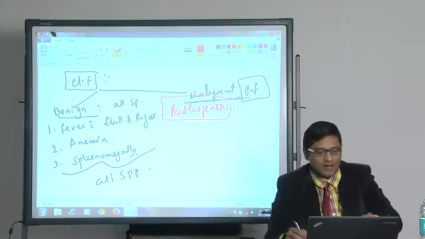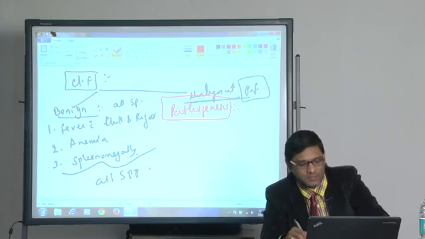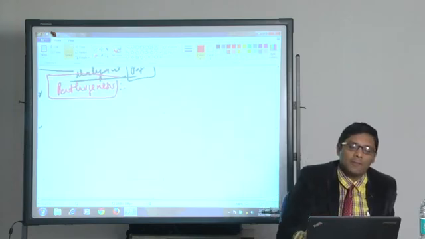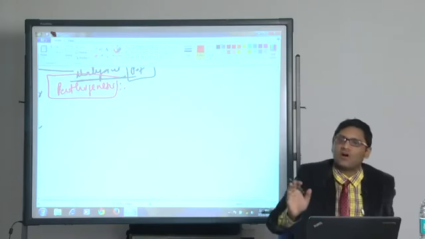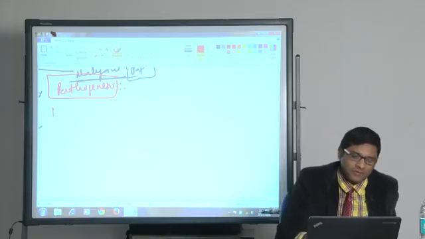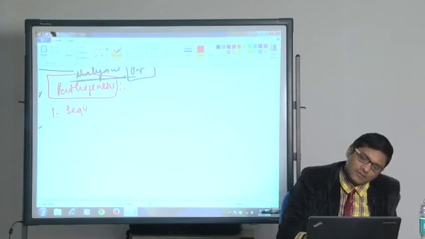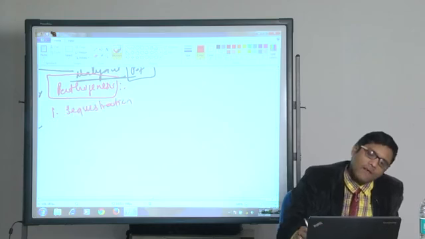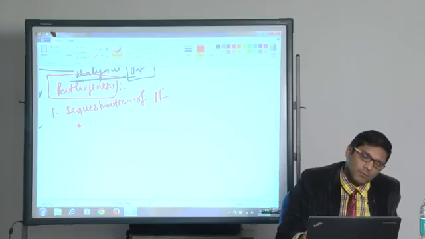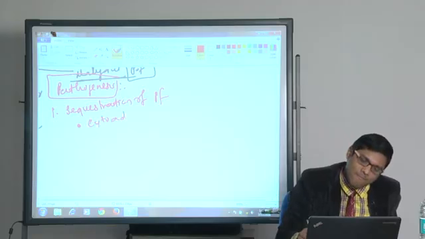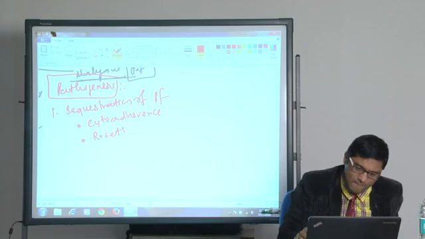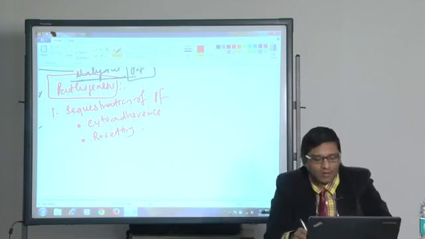The reason is that in falciparum various specific pathogenesis events take place which are not there in other species. One of the important events is sequestration of the parasite. Sequestration of Plasmodium falciparum by cytoadherence and rosetting.